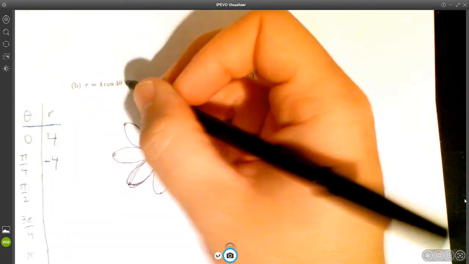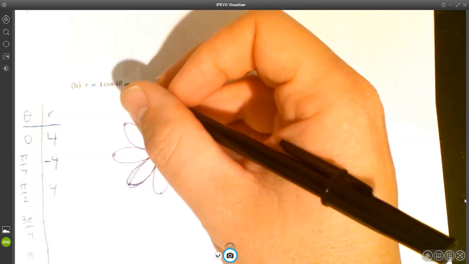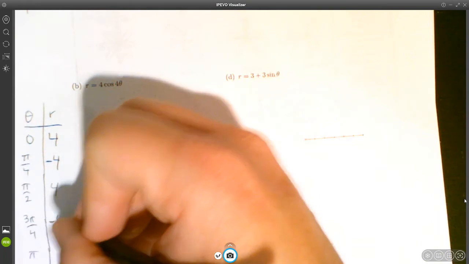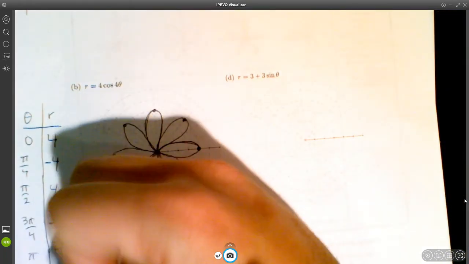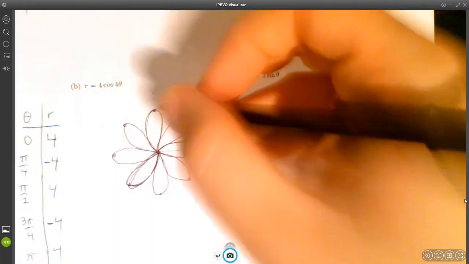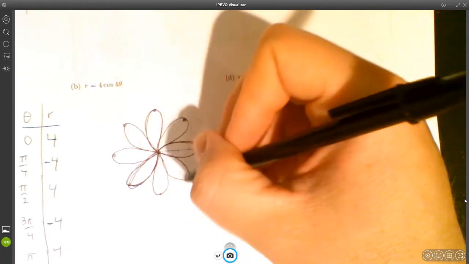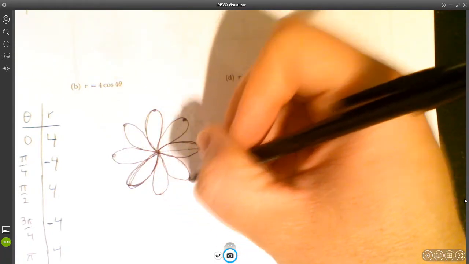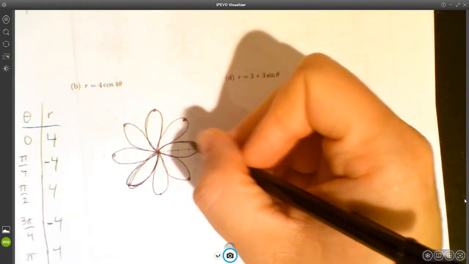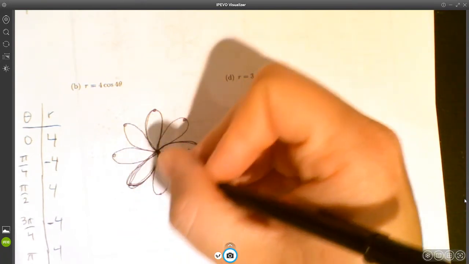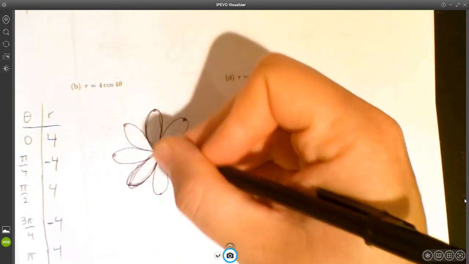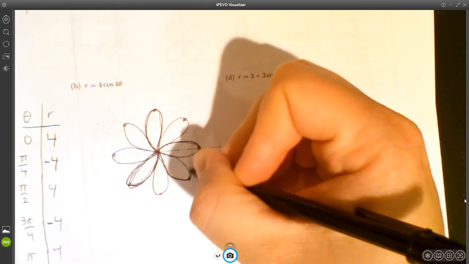If I plug in 3 pi over 4, cosine 3 pi, so then I'm at negative 4. So I think this is going to alternate like this, between positive 4 and negative 4. So in other words, at 3 pi over 4, I would actually be down at negative 4 over here. So I start here, I work my way down, then I work my way up here, then I would work my way down here. You see?